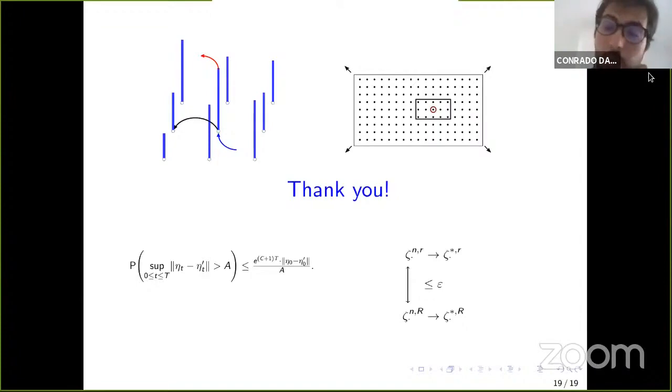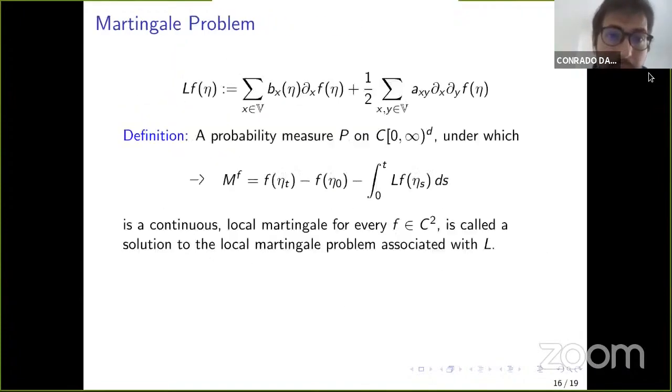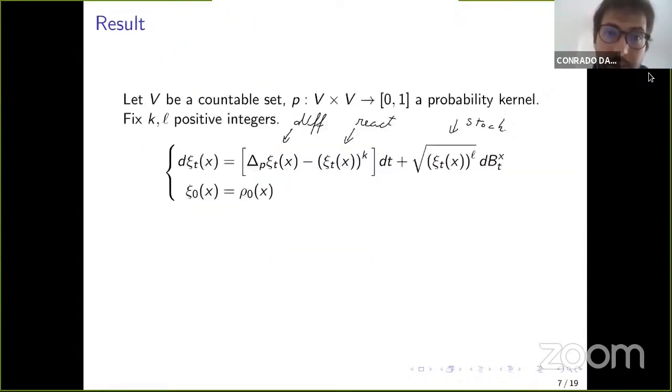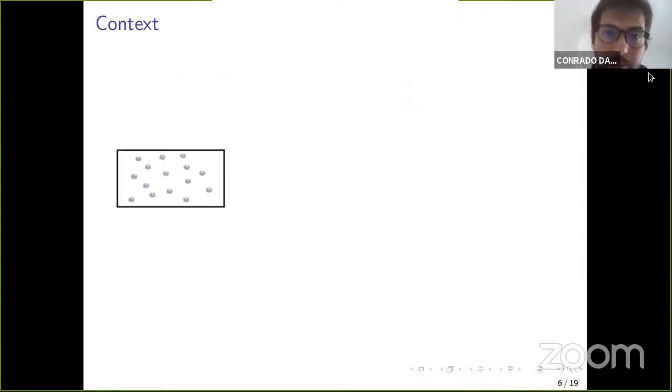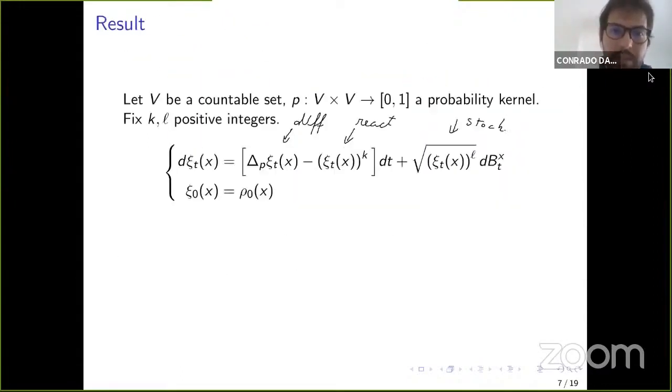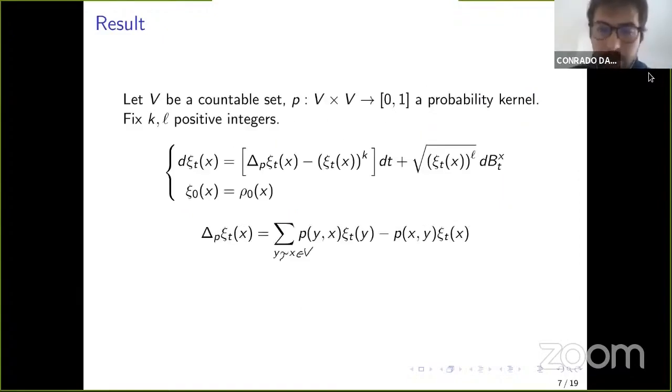There is one case when we take the kernel P to be nearest neighbor, so the discrete Laplacian on the graph, and when we take k to be 0, we can remove this term. Actually, we have the freedom of doing that, and we take L equals 2. This is the parabolic Anderson model. You might be familiar.